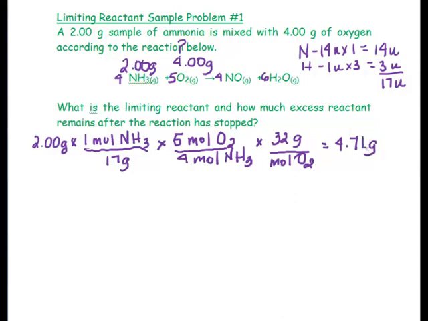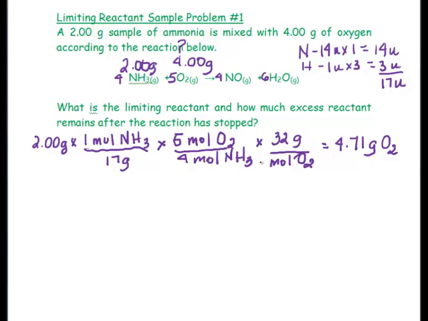Now, perhaps the most important part of this problem is for you to understand exactly what it is I've just calculated. What this says is if I use 2.00 grams, which is all the ammonia that I've got, I would need 4.71 grams of oxygen. The question to be asked, do I have 4.71 grams of oxygen?